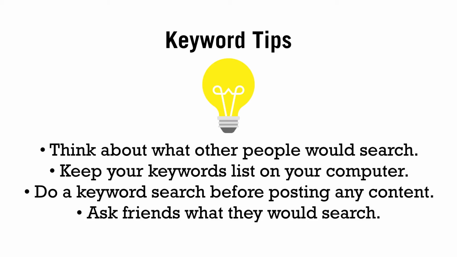You also want to make sure that you do a keyword search before you post your content. For instance, when I am writing a blog post, I've already got the content in my head of what I'm going to do. I write it all out. And then before I finish, I'll step over to Google and start asking a couple of questions related to the content I'm writing about.